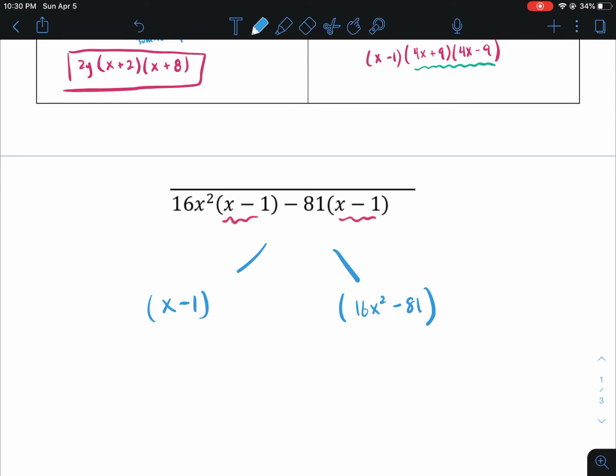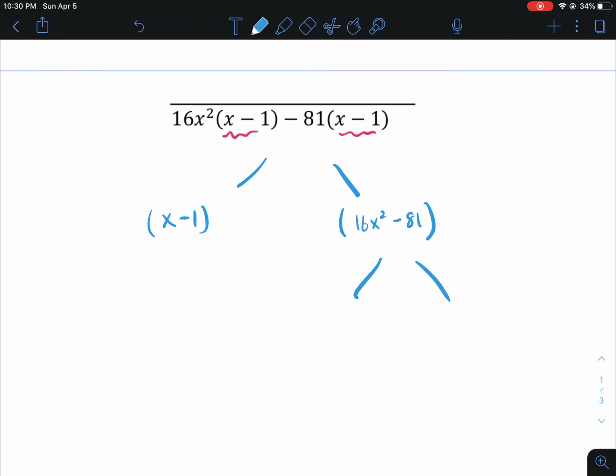But we're not done factoring until we take every number that can be broken up. So this difference of squares is (4x plus 9) times (4x minus 9). And these can't be broken up any further, so my final factored form is (x minus 1)(4x plus 9)(4x minus 9). All right.